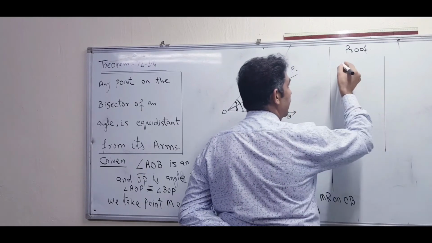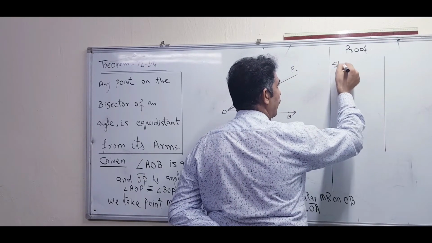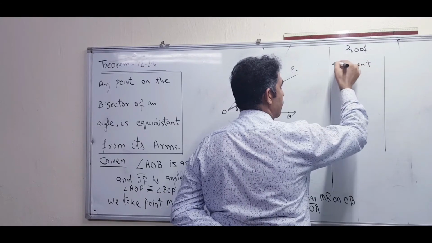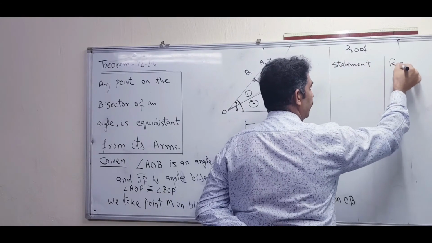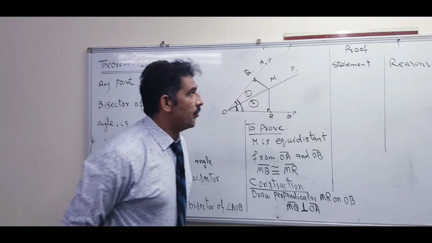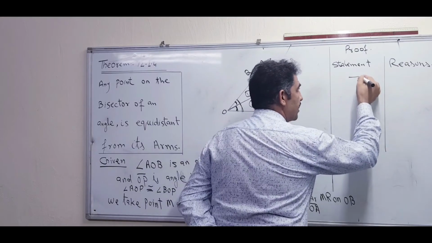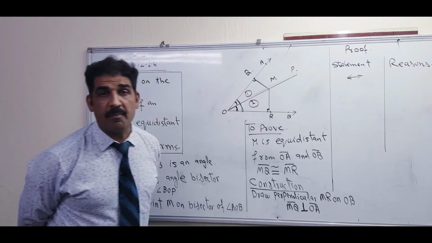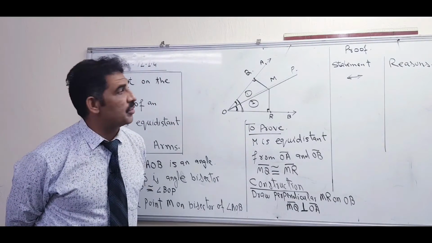Here we will write statement and reason. First of all, when we are comparing the two triangles, we use this mathematical sign to compare them. So what is the first triangle?